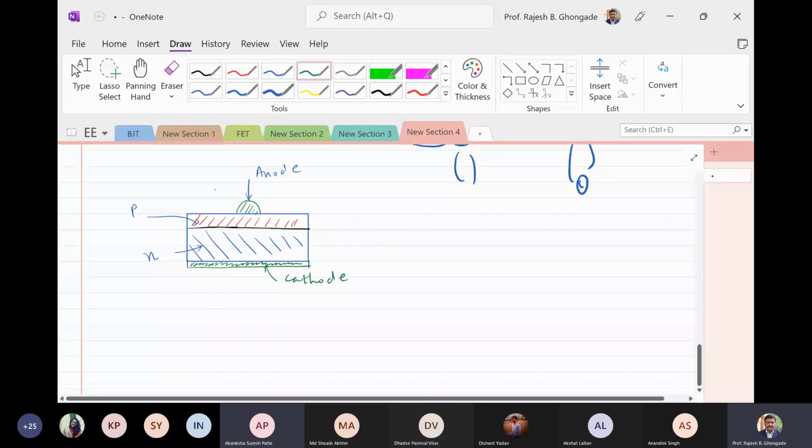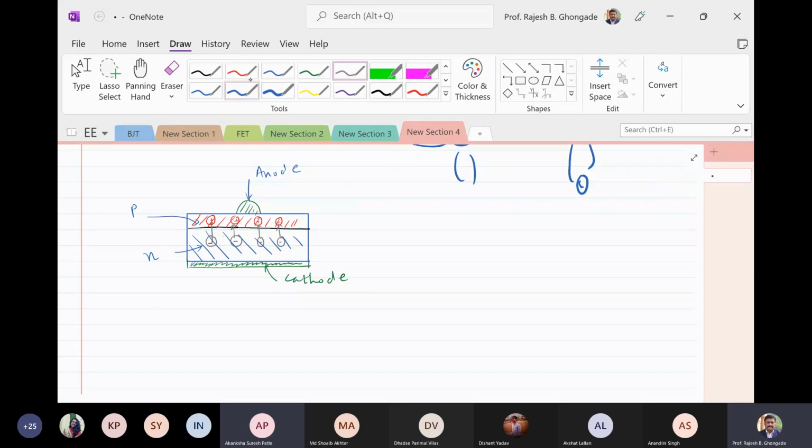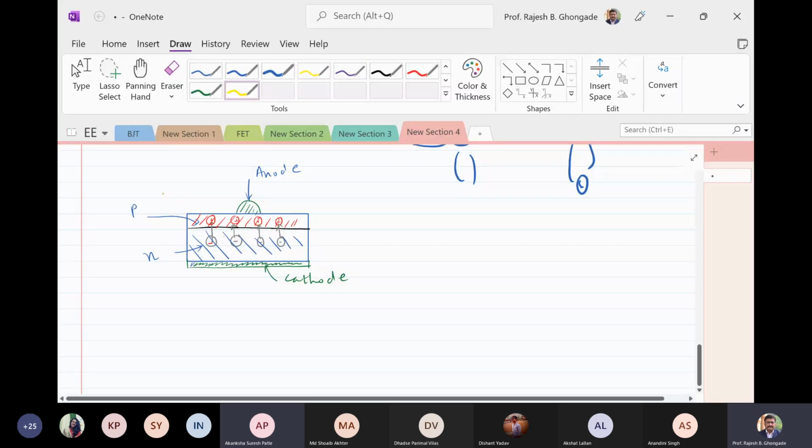Okay, and whenever the electrons go, let us say the electrons go from here to here to occupy the holes, by crossing the junction, we see that the light is emitted out of this. All right. So this is how it works.